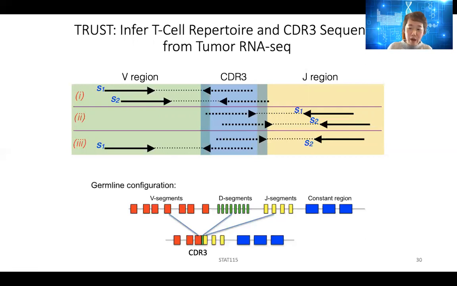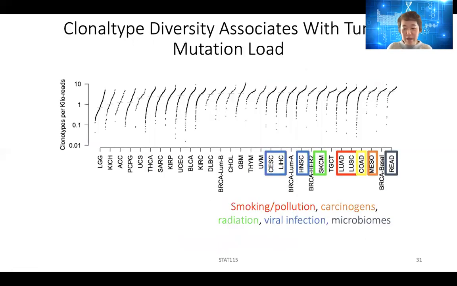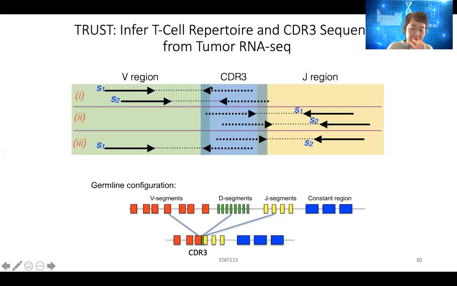And so we actually developed an algorithm in the lab that looks for these sequences, especially, for example, for TCGA data. Most of the data are done in paired-end sequencing. And so sometimes the V sequence or maybe the J sequence can be mapped to the genome. But if the other end cannot be mapped to the genome, you know that it's coming from this region because of the VDJ recombination.